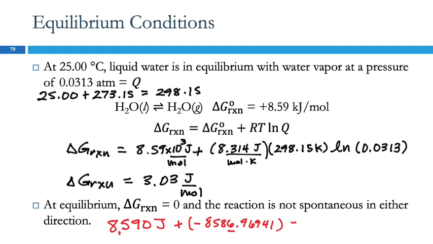So when we add those together, we're going to get 3.03, but where's the uncertain digit? It's in the tens place, because this is uncertainty right there. So we should round this number to the nearest 10, which is 0.